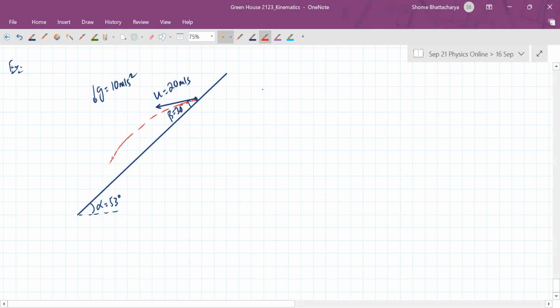Now, as the projectile takes this kind of path, at some point of time, it also reaches a maximum distance from the inclined plane.